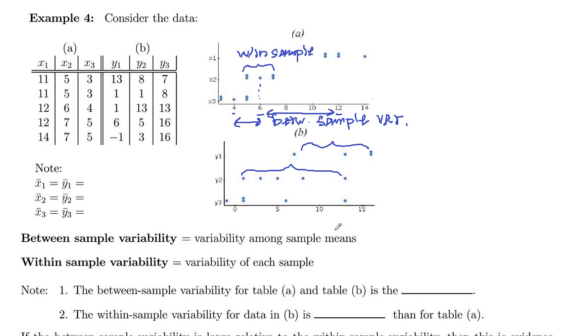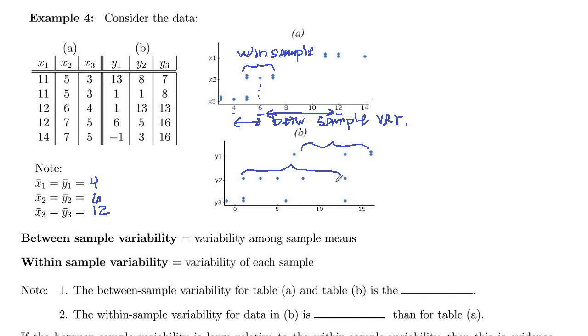And then actually the same between sample variability, because if you compute the means here, X1 bar and Y1 bar both have a mean of 4. X2 bar and Y2 bar both have a mean of 6. And then X3 bar and Y3 bar, the means of those data sets are both 12.